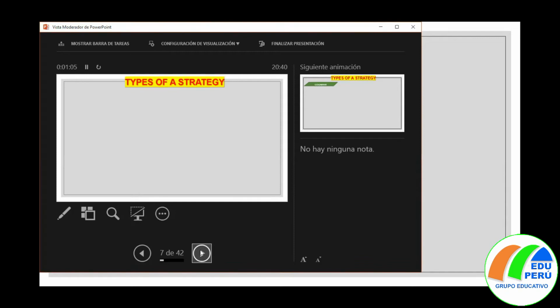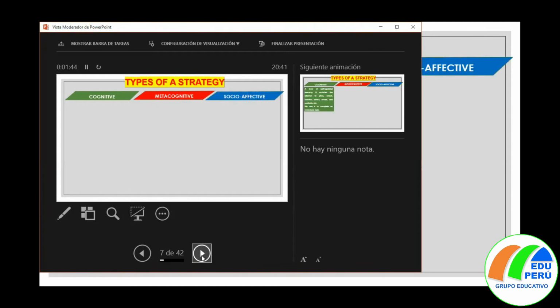You read texts, maybe a newspaper or articles or blogs, or listen to blogs or audios. Take notes, yes. So you're talking about the specific activities that we use. But in general, we are going to talk about three types of strategies. The first one is the cognitive strategies. The second, metacognitive strategies. And the third one, socio-affective strategies.